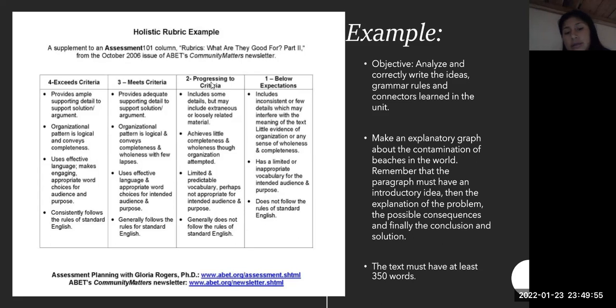And other students present ideas that do not follow rules of understandable English because the students don't use the correct grammar, or don't use the correct vocabulary about contamination, about the consequences of contamination, about the conclusions. The conclusion is not clear, and the introduction is not here in the paragraph. In this case, the students have 1 point in this activity.